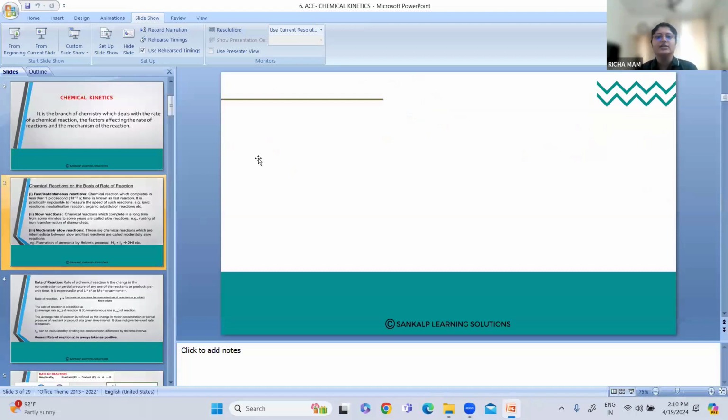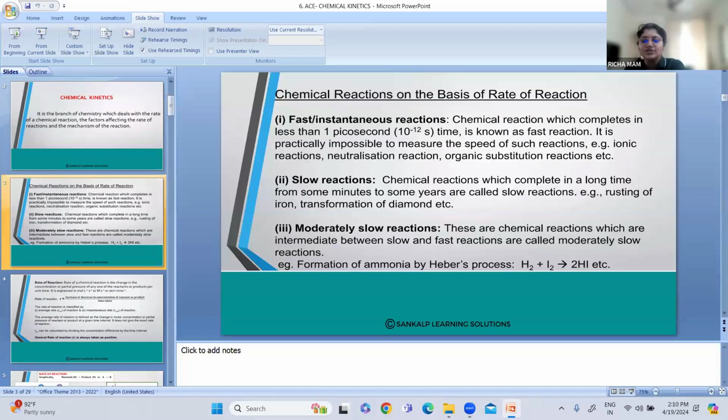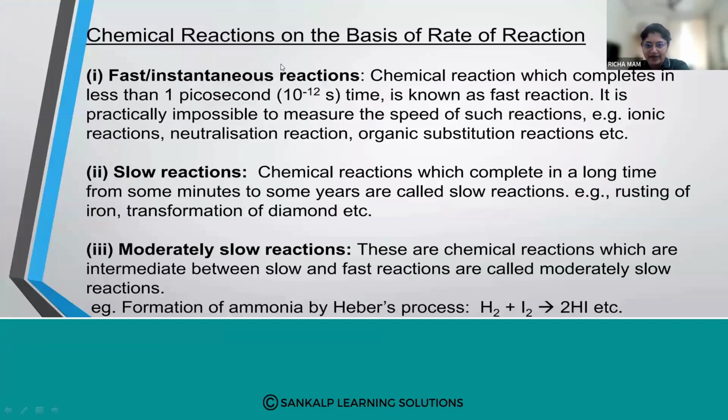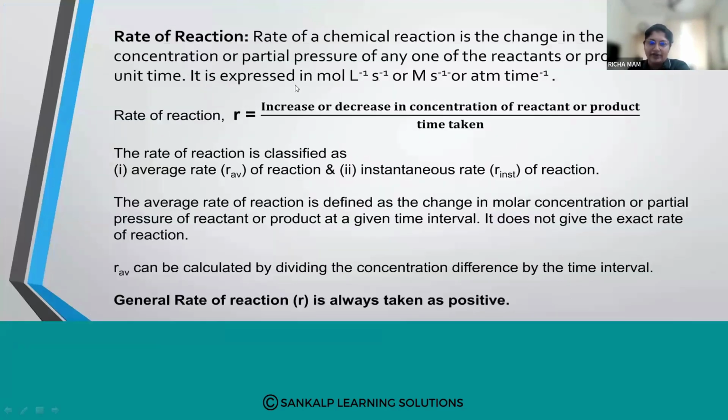We have seen chemical reactions and the three different types. Then we have seen what the rate of reaction is. The rate of reaction is classified into two: average rate and instantaneous rate.